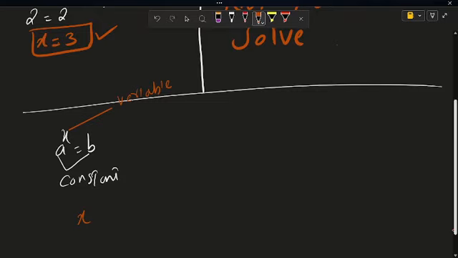So x will retain the first position, and this a is shifted to the other side, but as the base of log, and b is constant, so b remains as it is. This is your log form.